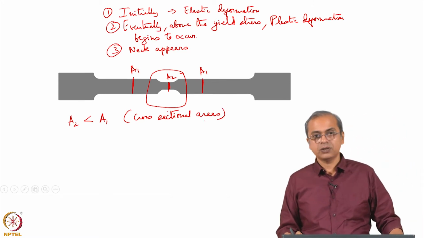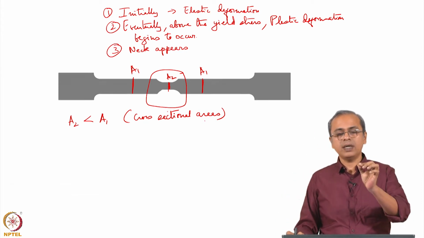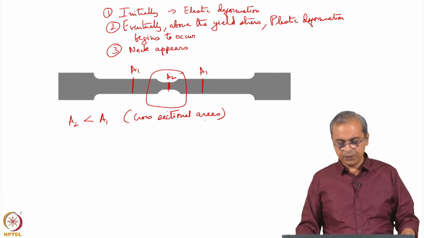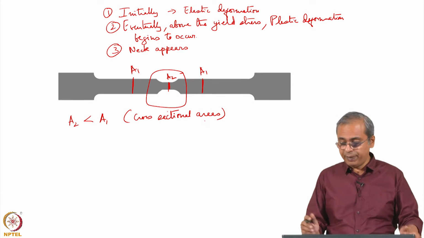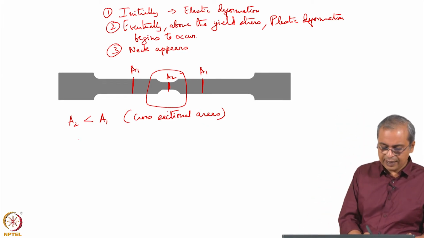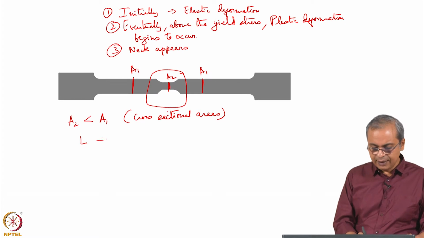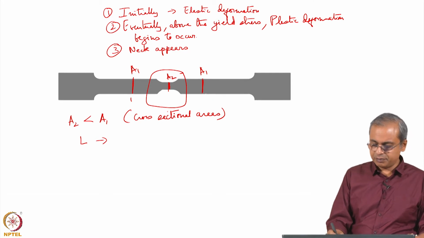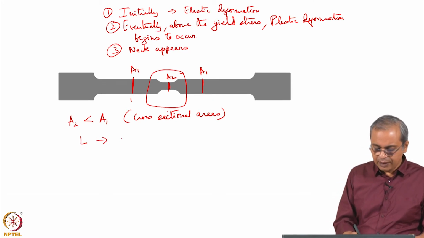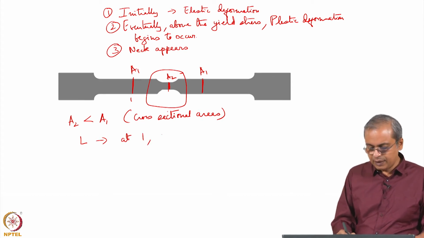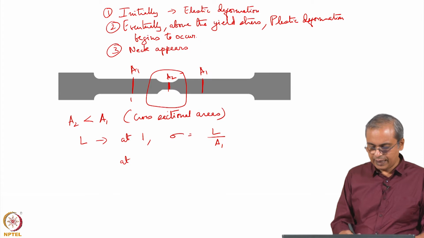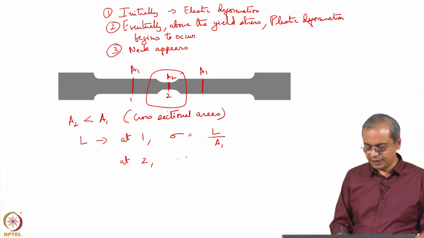Okay, so, you have a region in the sample where locally some thinning has happened, it has become thinner than the rest of the sample. If you maintain the load, so whatever load L you have, then you find that at location 1, the stress is L by A1, and at location 2 you have stress which is L by A2.